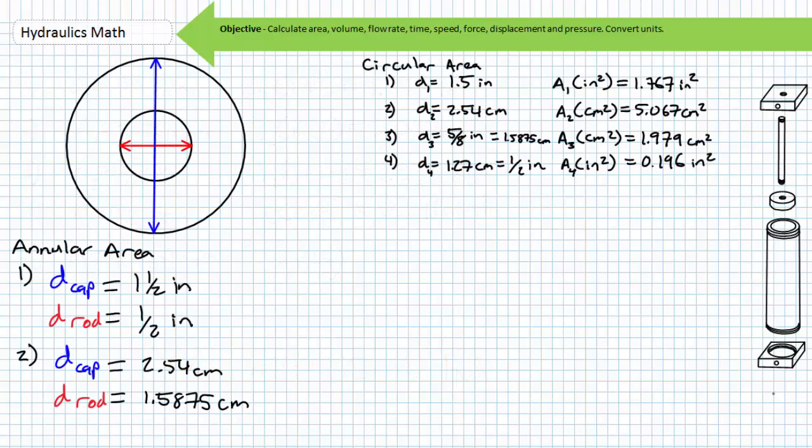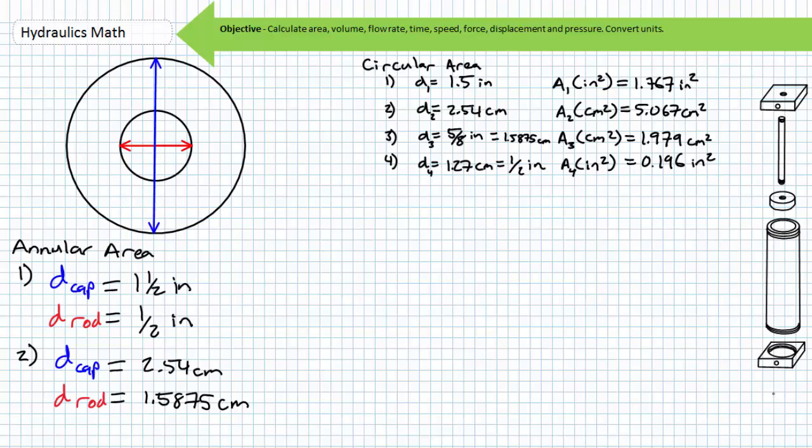Moving on, let us now add a twist, or more appropriately, a hole to our calculations of surface area. Let's say a circular region of space has been removed from the center of another circle. Pay attention to this, because this will become exceedingly important when we apply this to the functional area of retracting cylinders. Use the circular surface area to solve for the remaining ring-like or annular surface area for these illustrated example problems.